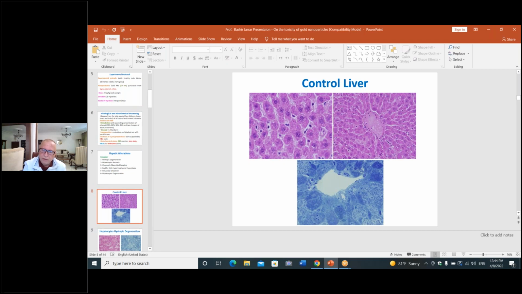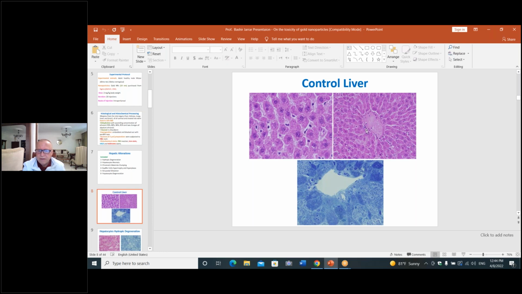So this is the control liver of the rats that didn't receive gold nanoparticles, but were injected with the vehicle of the nanomaterial. Here, these are the hepatocytes. They are very well intact, normal, and between these are the Kupffer cells.